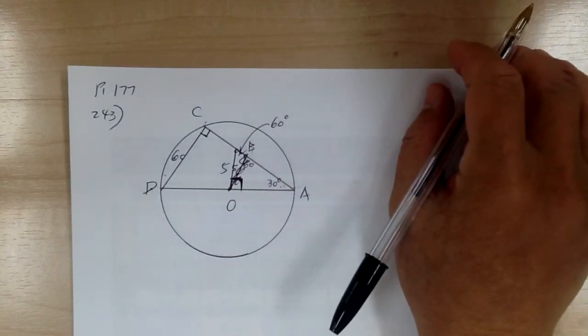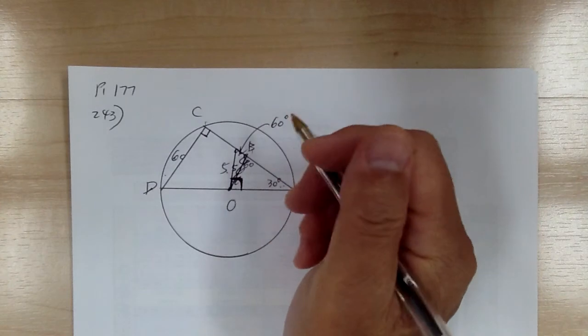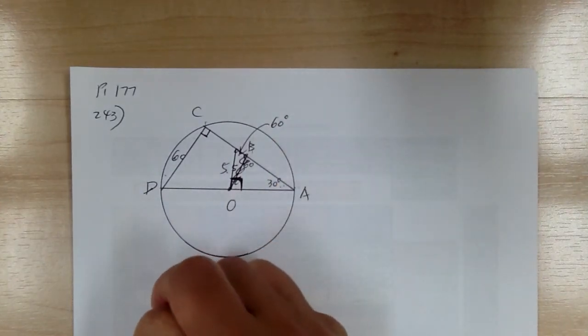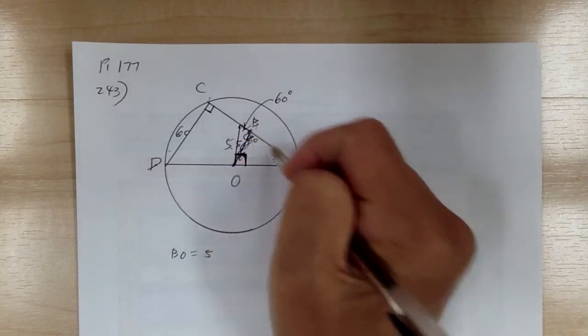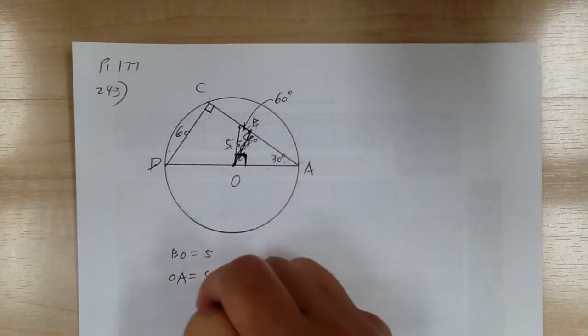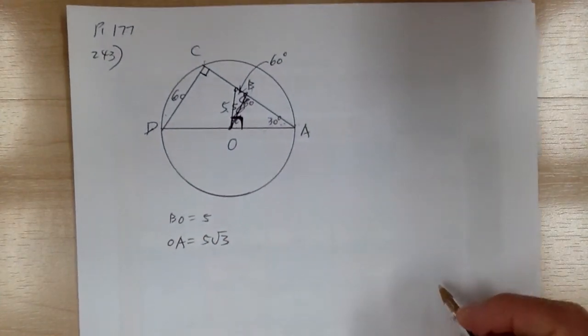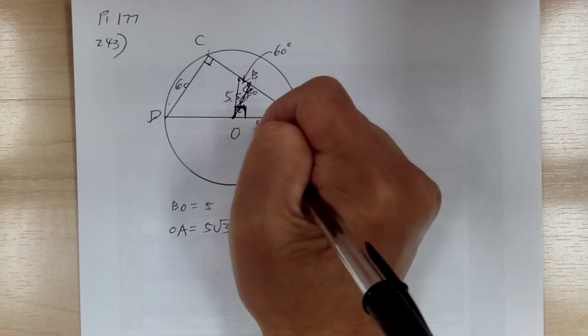So there are a couple of ways you can do this. If BO is 5, then OA, again this is your 30-60 special triangle, so OA would be the long leg, 5 square root of 3.